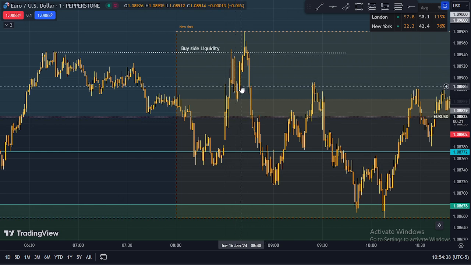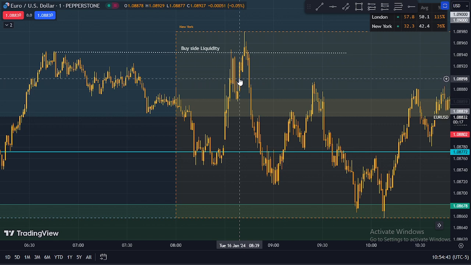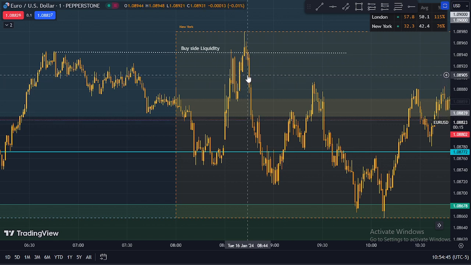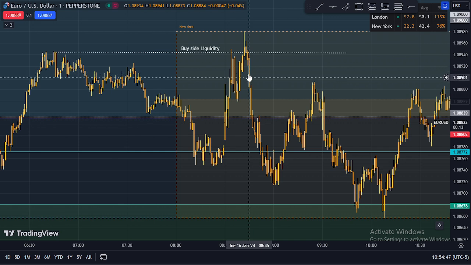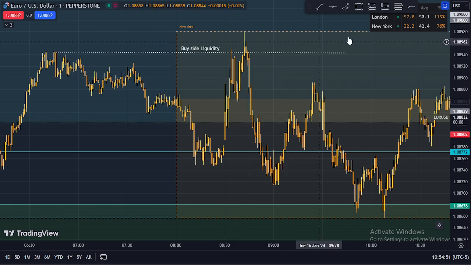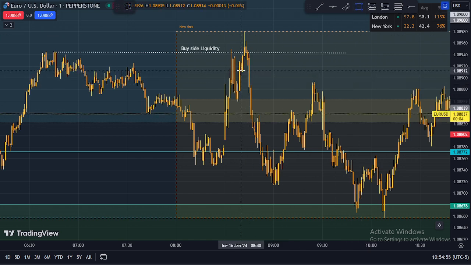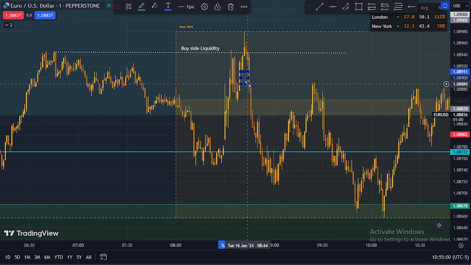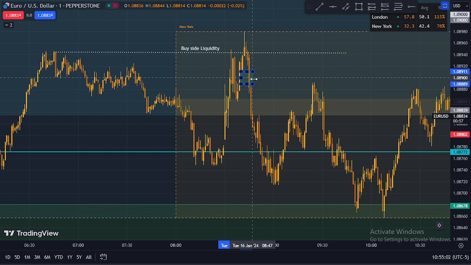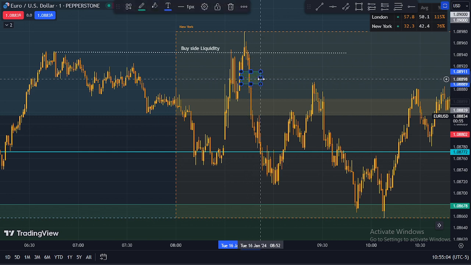And also here we had this inversion fair value gap. We had that, and also we had this gap. So this, to me, if we anchor to that high, we're just marking the fair value gap.